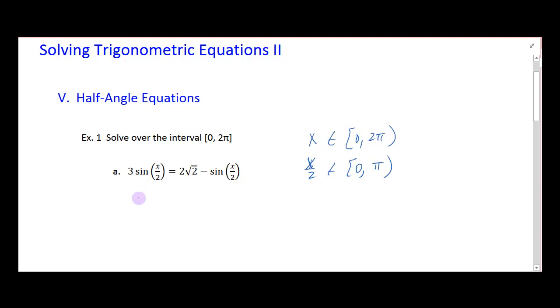When I do that, I end up with 4 sine of x over 2 is equal to 2 square roots of 2. So I'm still trying to get the trig term by itself, so I'm going to divide both sides by 4. That leaves me with the sine of some angle equal to the square root of 2 over 2.